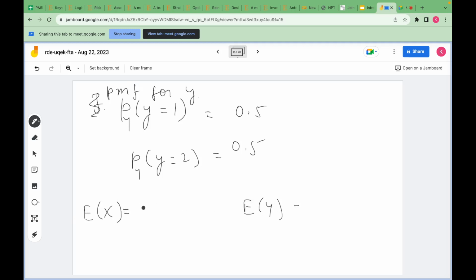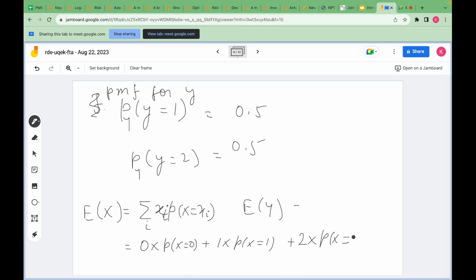So this is nothing but the summation of xi into P(x equal to xi) over all i's. So which means 0 into the probability that x is equal to 0 plus 1 into the probability that x equal to 1 plus 2 into the probability that x is equal to 2.